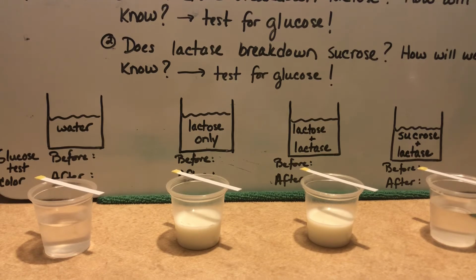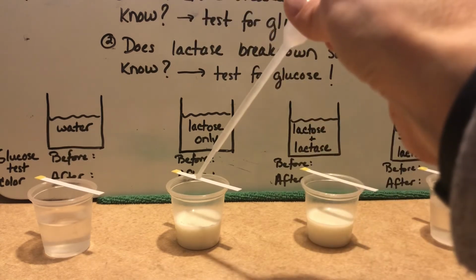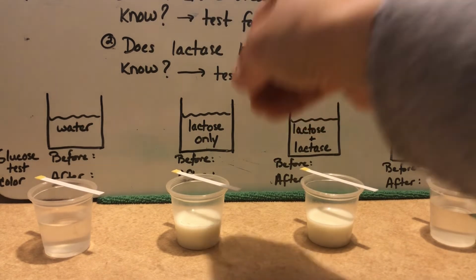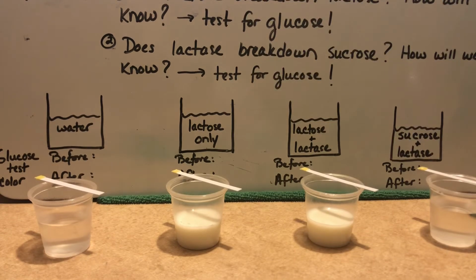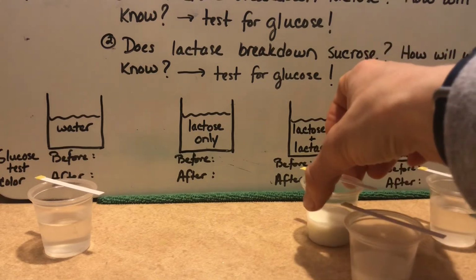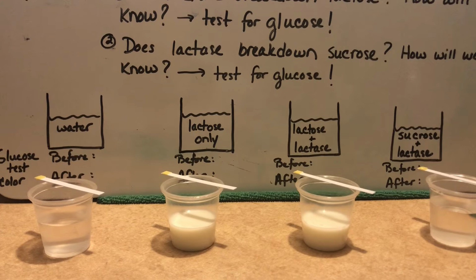To each one of my samples, I'm going to add some of my lactase enzyme. This one was not supposed to get it. I'm going to change this around. Little mistake there by Miss Roberts.